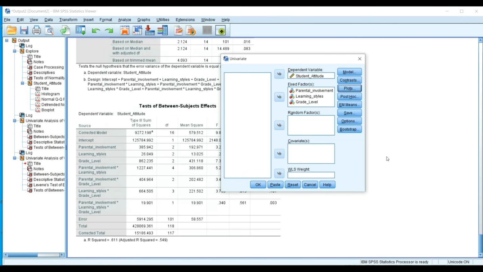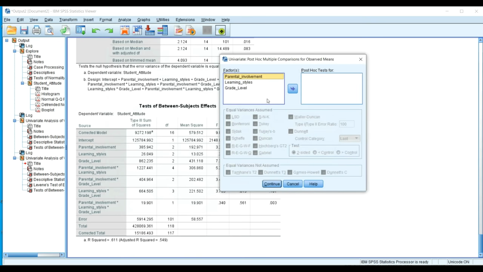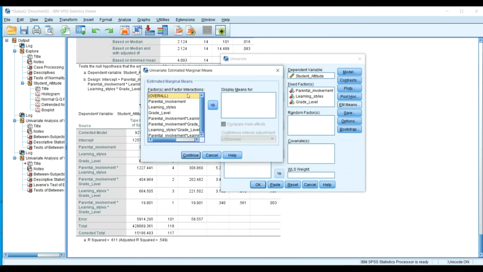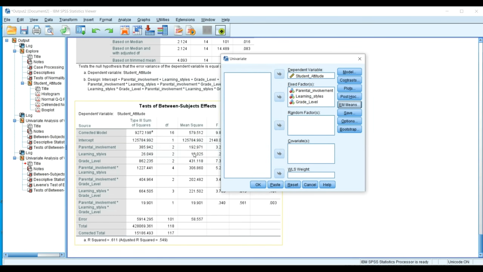And then click Continue. Then I want to perform the Tukey's tests. So I will insert these in here and then click on Tukey's honestly significant difference test. Then I can go to the estimated means, and I want to display the means for this and compare main effects.